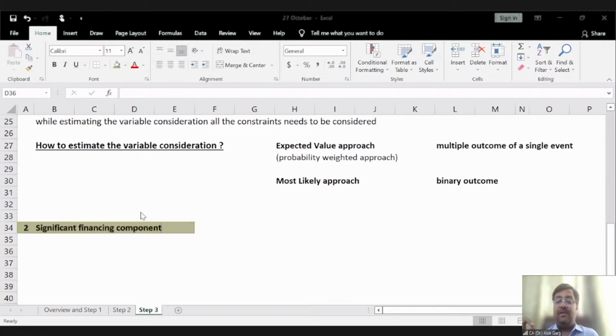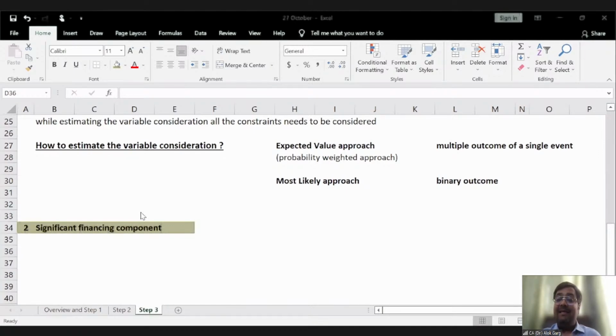So if a customer is paying 20 crore rupees in advance, probably the revenue is not 20 crore rupees. If the entity were to deliver the goods and services today, the amount would probably be 21 crore or 22 crore rupees. So the price right away is 21 crore rupees, but the entity is delivering the goods after 1.5 years and the customer is ready to pay upfront, so they are asking for a lower payment of 20 crore rupees.